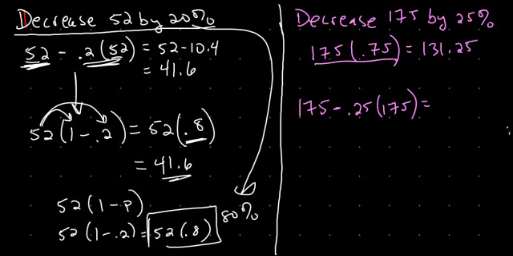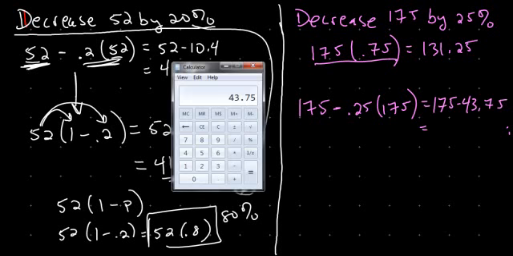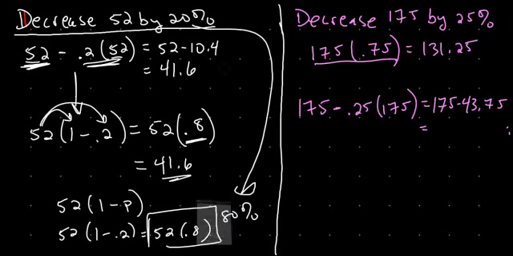So this equals 175 minus 43.75. So still we got 131.25. Same thing again, 131.25.